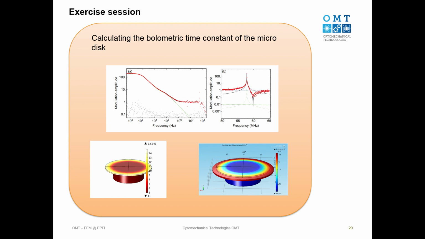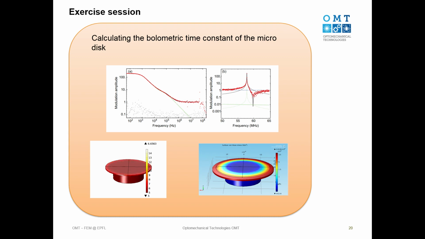So you have a flat response, and then a knee point, a pole, like a filter. As your modulation frequency increases to a few hundreds of kilohertz, your response cuts off. This is the so-called bolometric force, and what I want you to calculate is the time constant for the bolometric force.